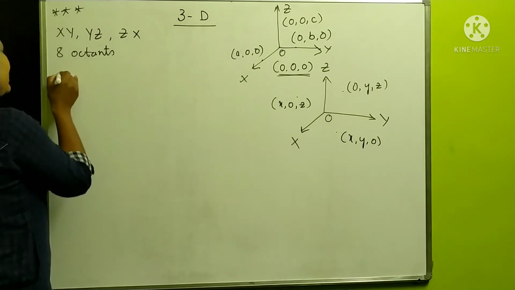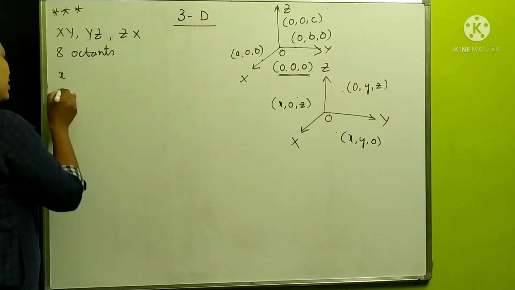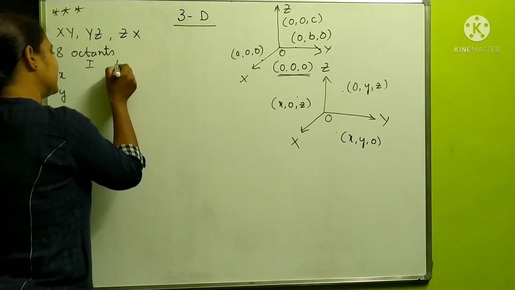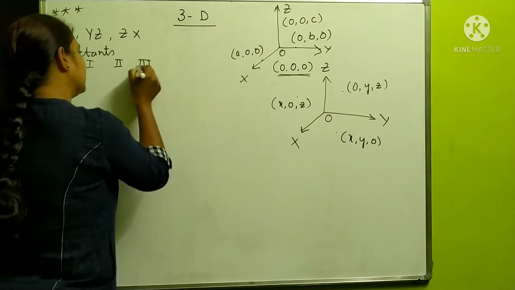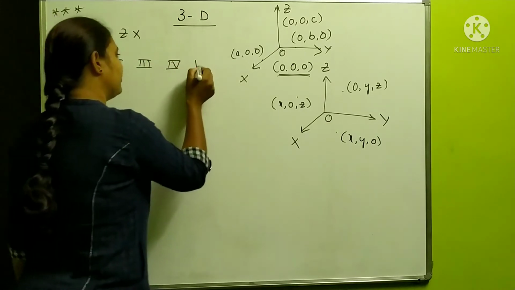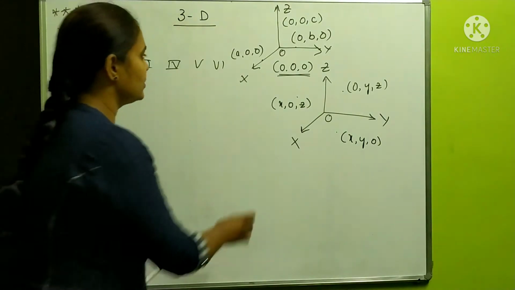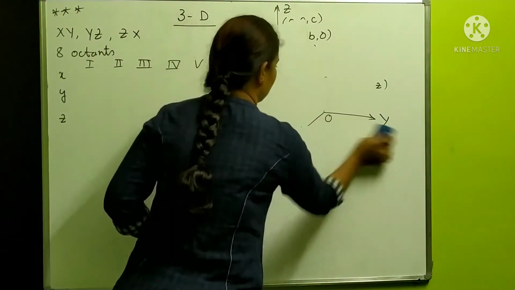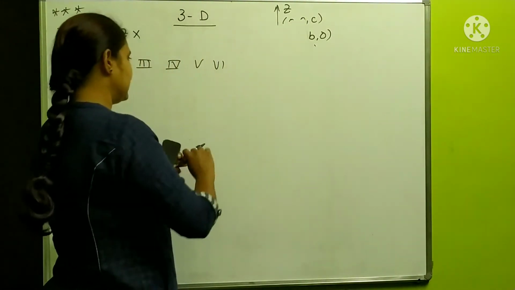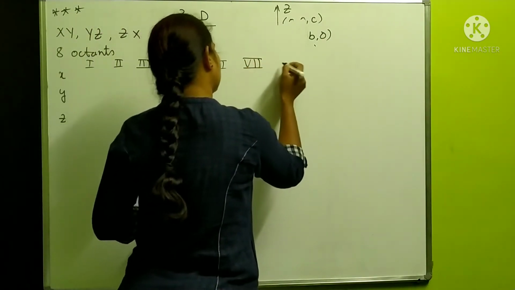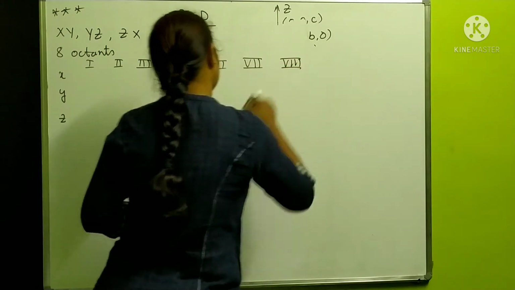Let me take the x coordinate, y coordinate, Z coordinate for the first, second, third, fourth, fifth, sixth, 7th, 8th octants.